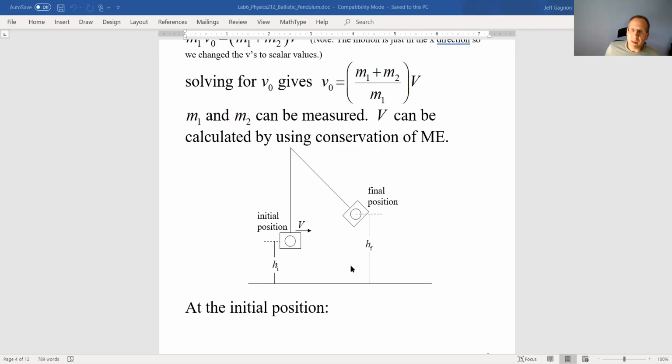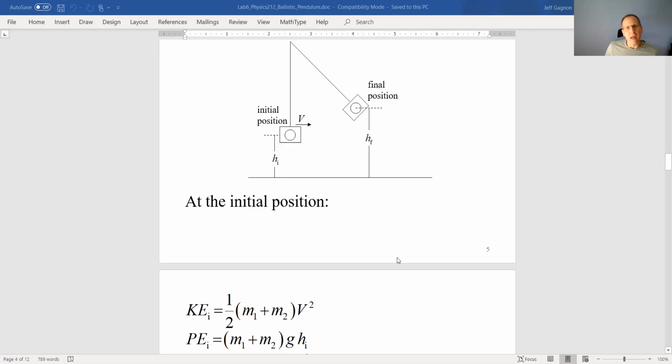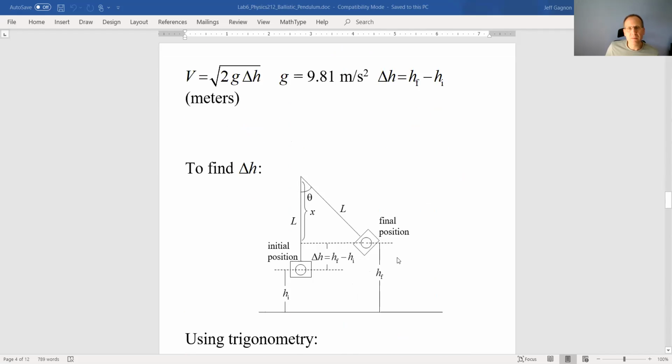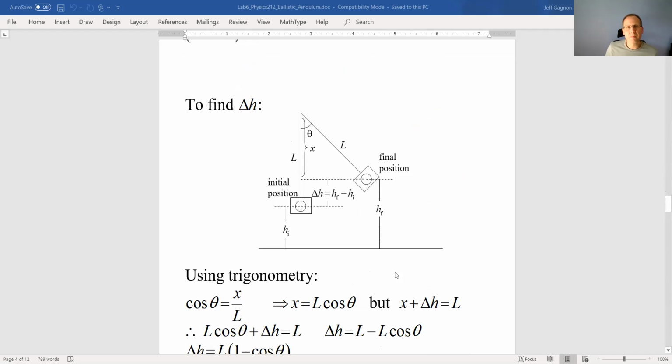So what that's going to allow me to do is to solve for this capital V, to find this velocity V. And then finally, I can figure out that maximum height. Really what I want is the difference in height between the final position and the initial position.